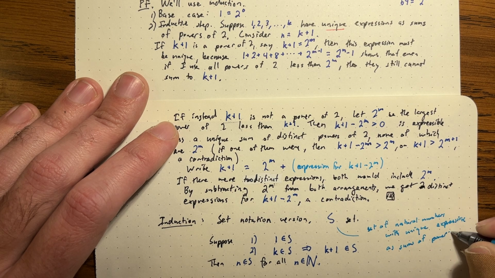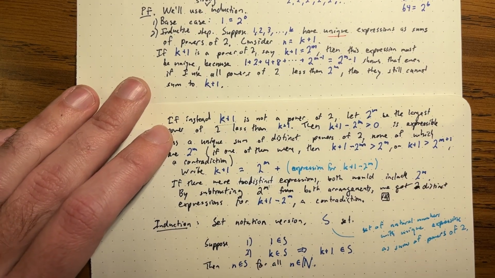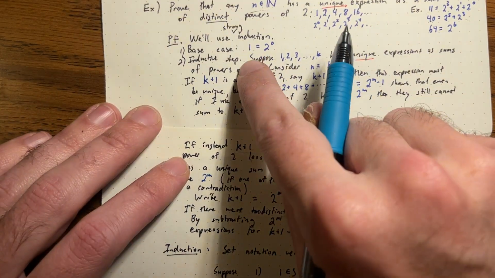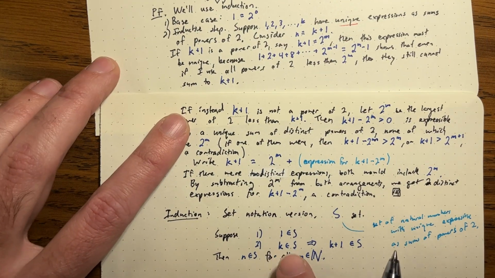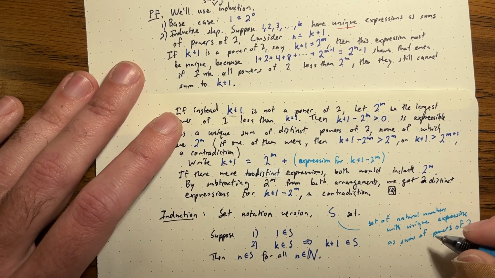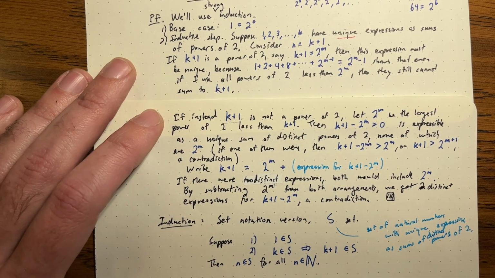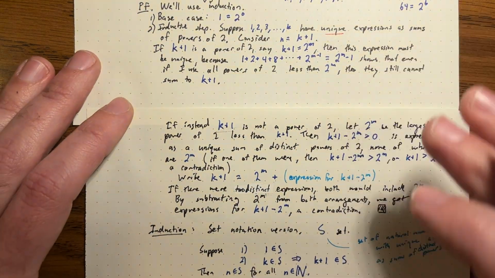You define that at the beginning of your proof, and then you can just refer to S. So what does 1 in S mean? It means that 1 has an expression as a power of 2. What does k in S mean? It means that k has a unique expression as a sum of distinct powers of 2, right? So that's a way to save some wordiness here.